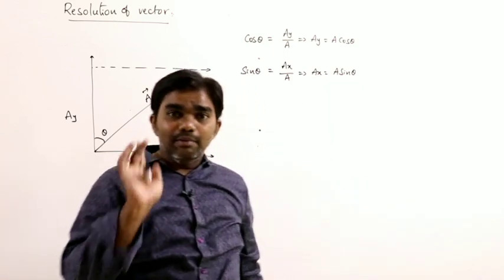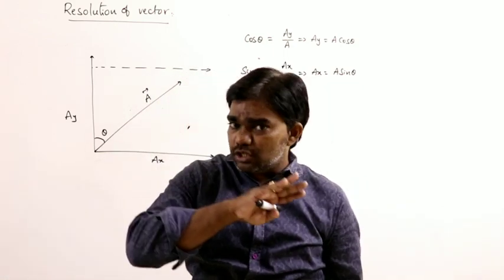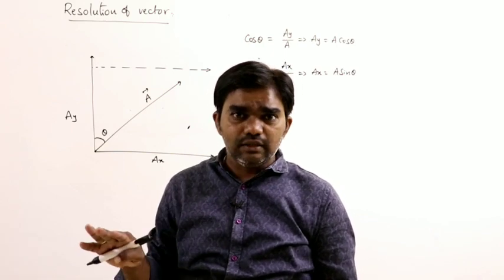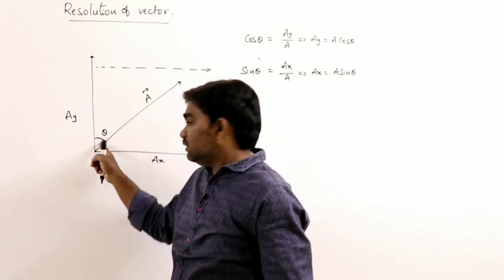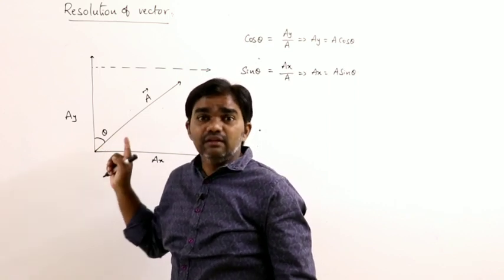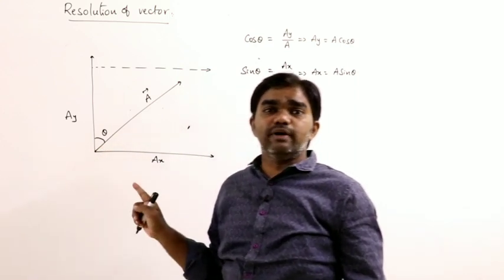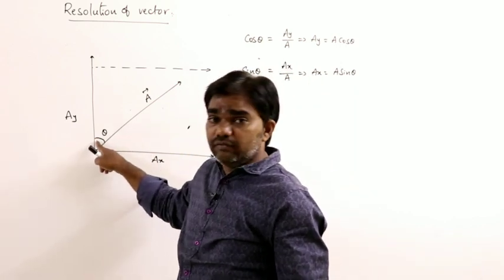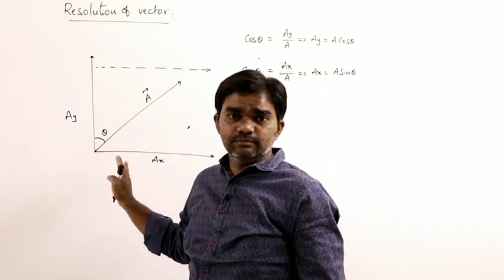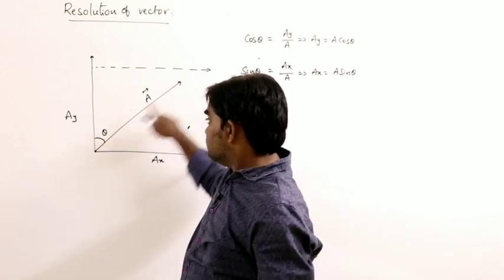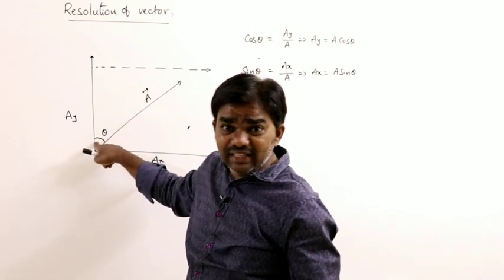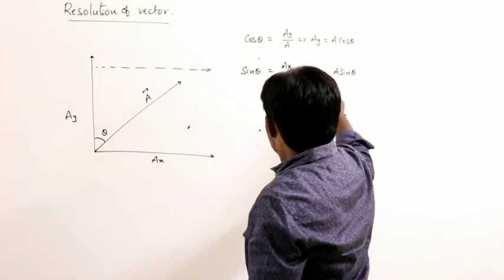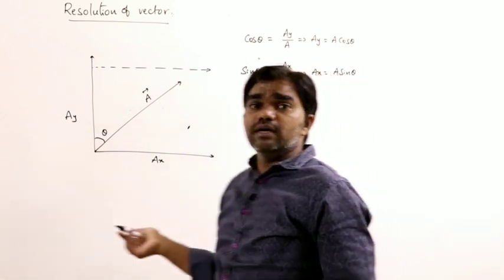So, that is why remember that not always is the horizontal component cos theta, not always is the vertical component sin theta. Depending on the angle, the horizontal and vertical components vary, depending on the angle made with vertical or horizontal. Here the vector makes an angle theta with vertical. So, that is why the vertical component becomes A cos theta and the horizontal component becomes A sin theta.